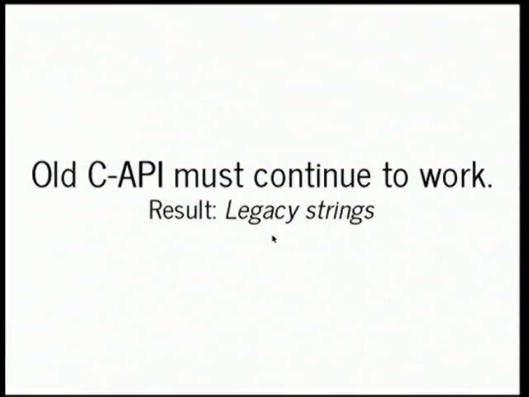But this PEP was introduced in Python 3.3, and we don't break the C API in between 3.2 and 3.3. So we had to figure out a way to maintain compatibility. And the result is even more complexity.